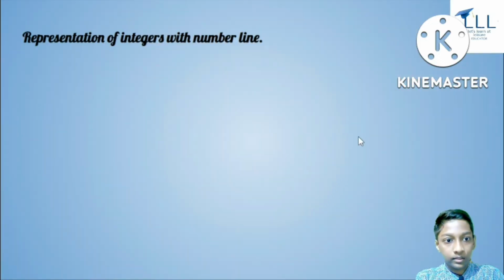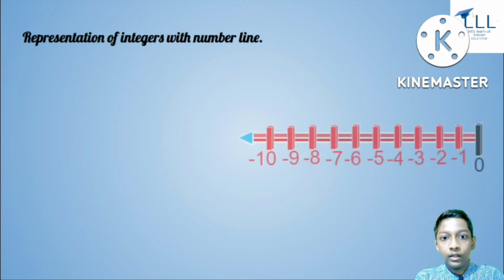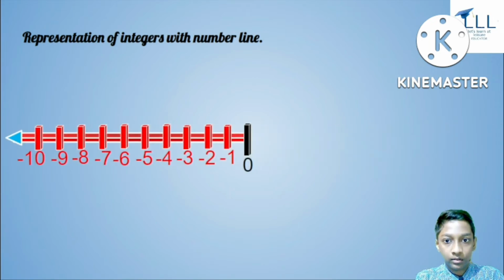Now let's see the representation of integers with number line. So what is a number line? A number line is used to represent integers on a line and compare the numbers on the line. Integers contain negative numbers, 0 and positive numbers.